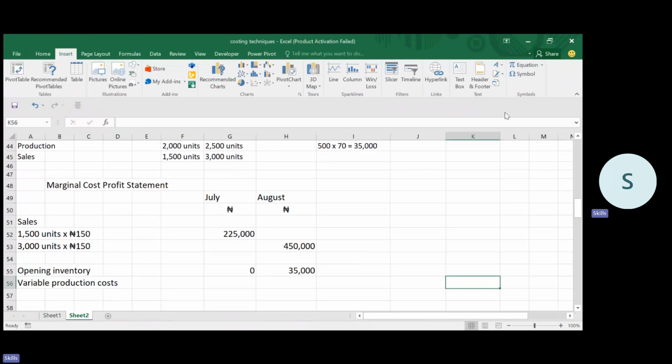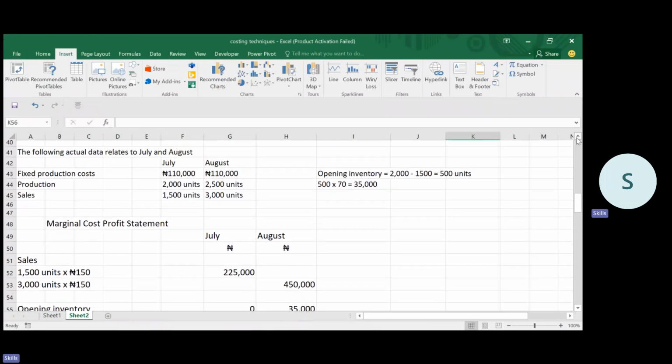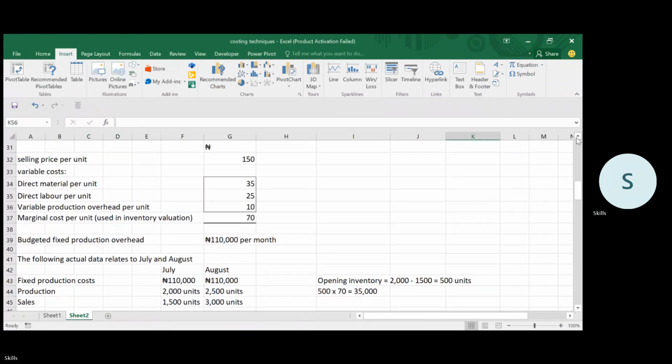Let's see them as arranged here. So we have direct labor at 35 naira.